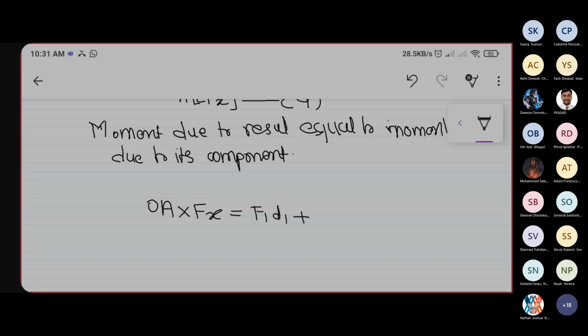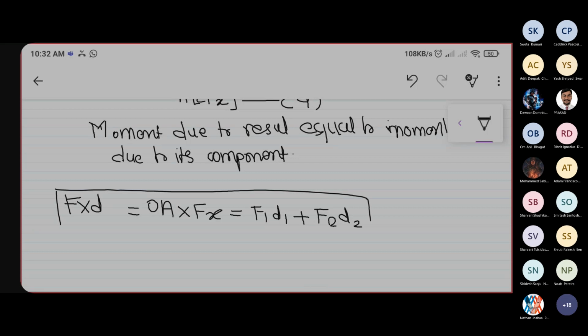F1 D1 plus F2 D2, or OA into Fx, we know that it is F into D. Similarly, for y direction we can prove.